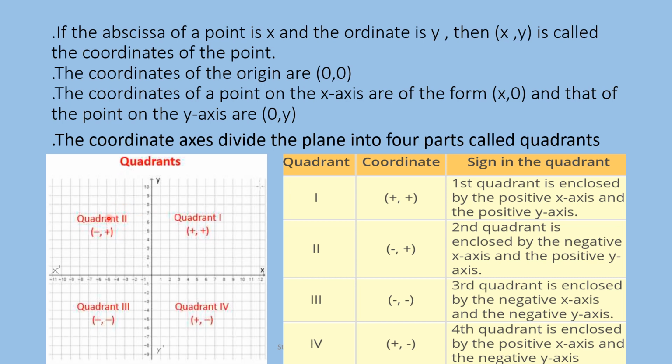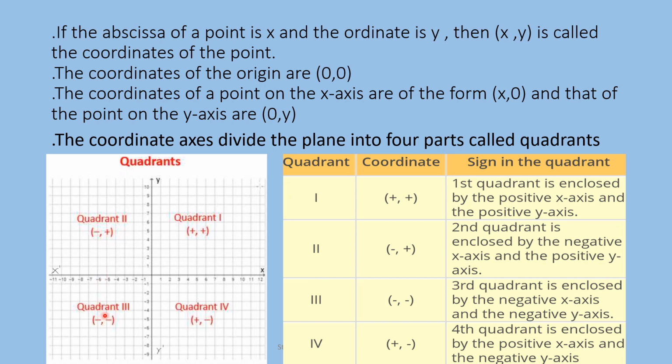Moving to the second quadrant, it is enclosed by the negative x-axis and the positive y-axis. Therefore, its x-coordinate will be negative and y-coordinate will be positive. So, coordinates of the form (-, +) will be in the second quadrant.